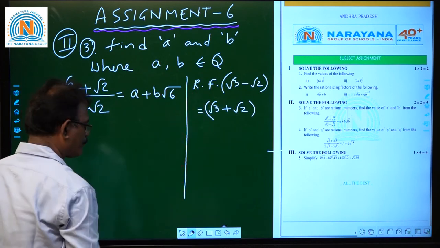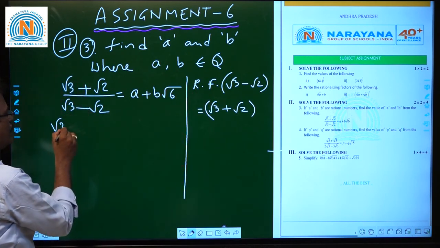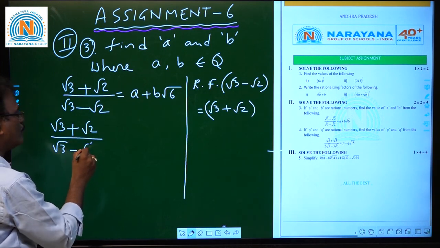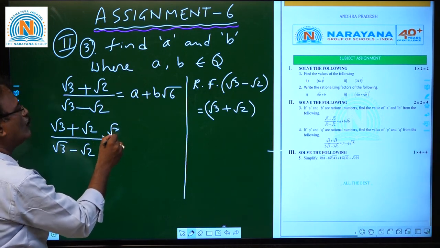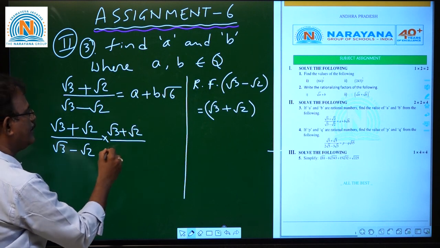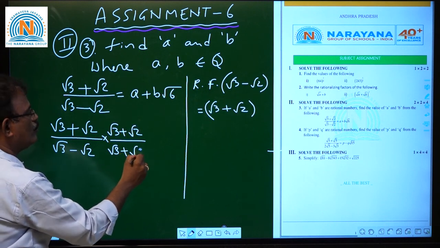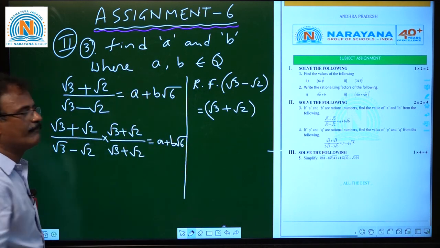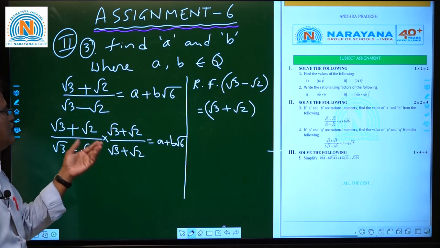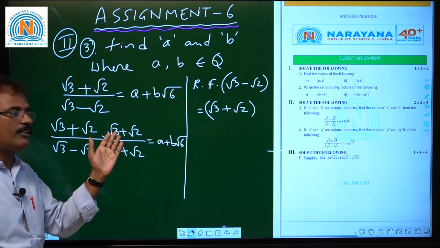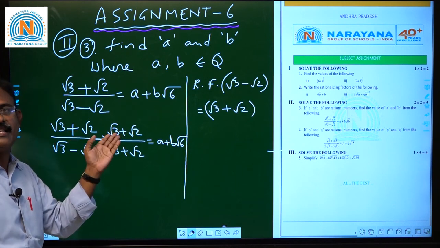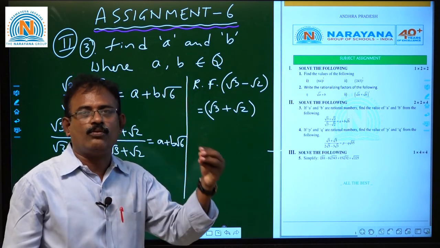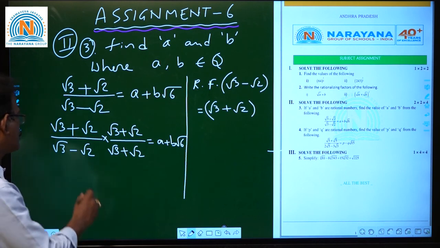So (root 3 plus root 2) divided by (root 3 minus root 2) into (root 3 plus root 2) by (root 3 plus root 2) is equal to a plus b root 6. Now if you observe the numerators, both look the same. When it is in the form of (a plus b) into (a plus b), this is (a plus b) whole square.